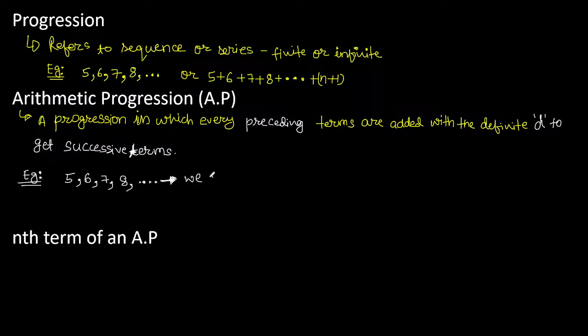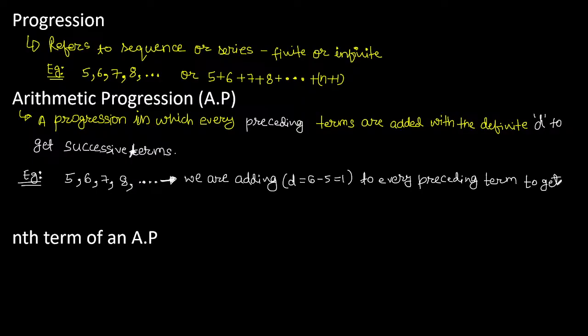So we are adding D equal to 6 minus 5 equal to 1 to every preceding term to get the successive term.